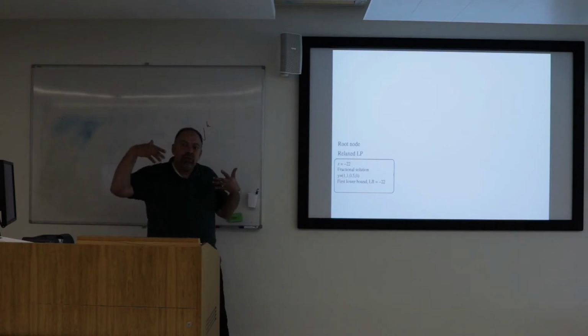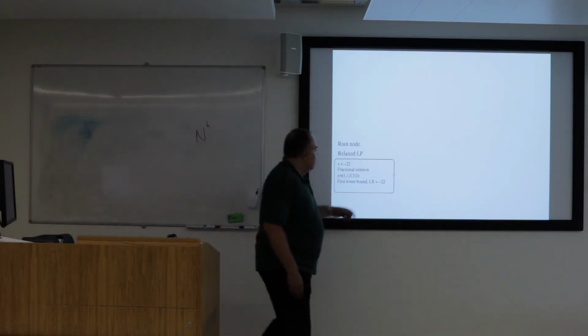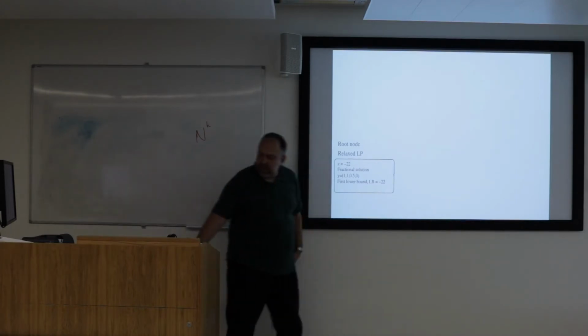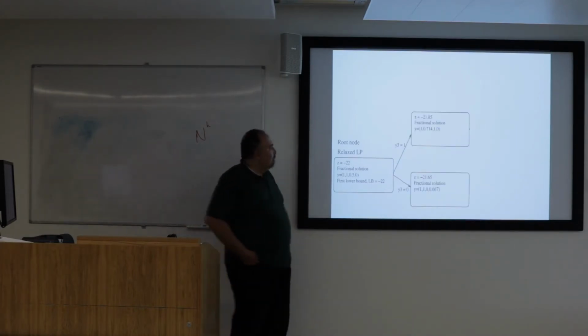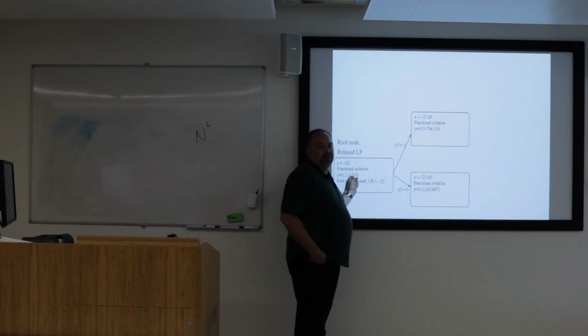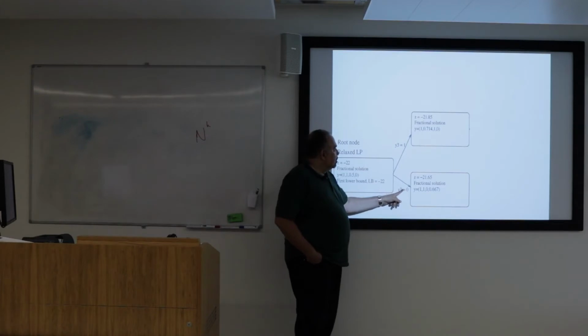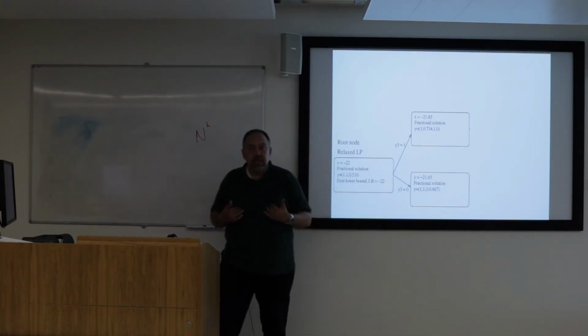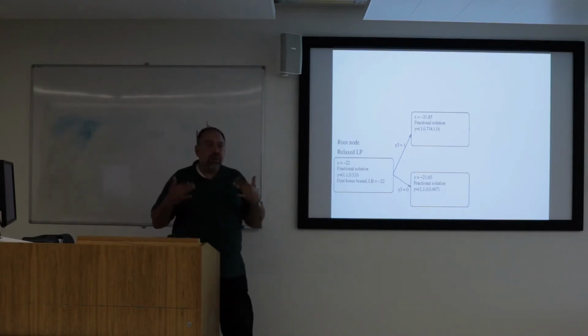So you've relaxed it, and you found a lower bound. And then we do what I said we would do: I take the fractional variable and fix it either to 0 or to 1, and then resolve the resulting linear programming problem with all the other variables loose.